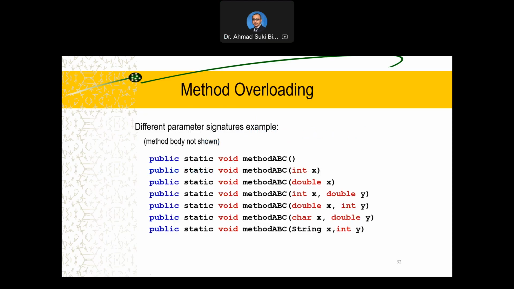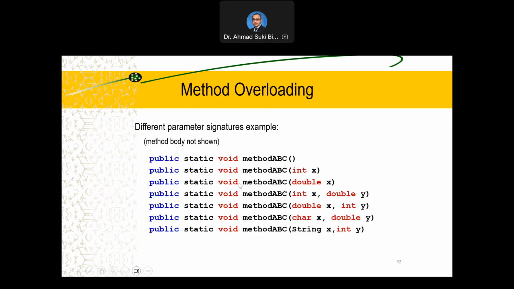After all the body of method ABC, you create another method with the same name, method ABC as well, but now it has something in the bracket, one parameter, integer data type. So this is called method overloading because we have more than one with the same name but different parameters.